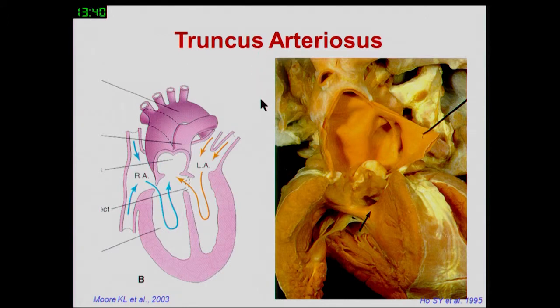Truncus arteriosus is the situation of defective outflow tract septation, which is a combination of a common trunk and juxta-arterial VSD. So this part originates from the outflow tract in the embryonic heart.